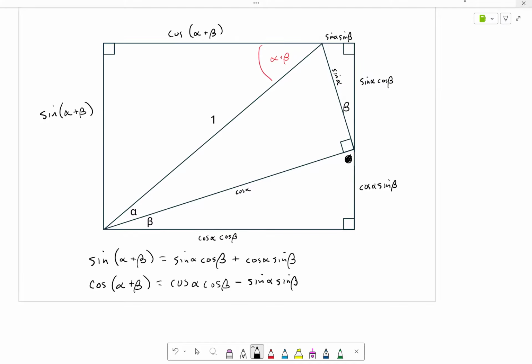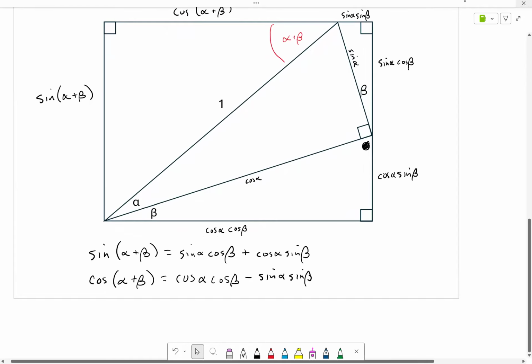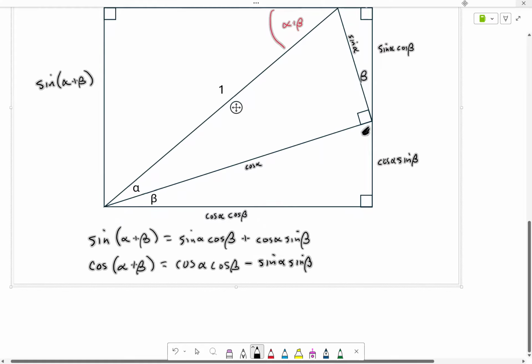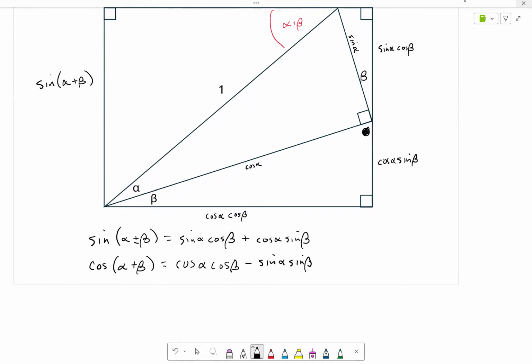There are 2 more identities along with this. Do you see these on everything we just did? Nathan, you with us? Okay, 2 more. If we have alpha minus beta, then the equation is going to change on the other side to the same thing with a minus.